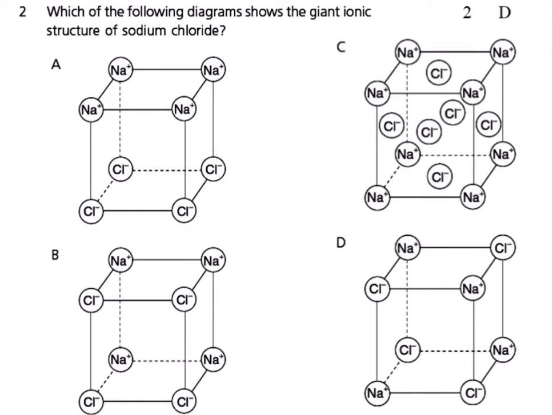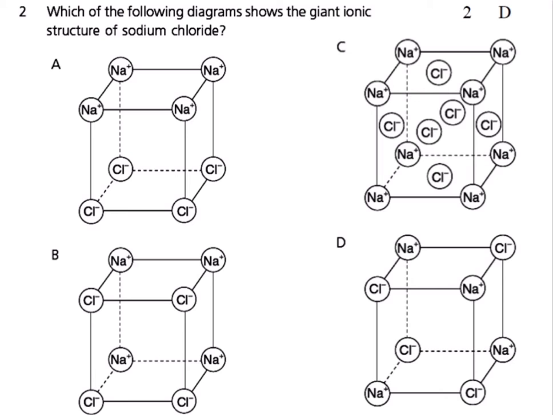Number 2, which one shows the giant ionic structure of sodium chloride? For sodium chloride, the giant ionic structure, remember the sodium ion and the chloride ion appear alternately.